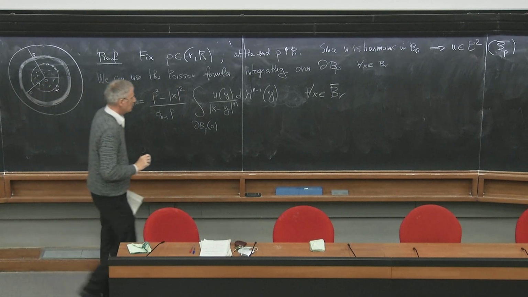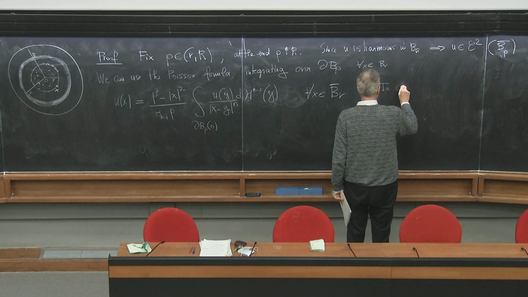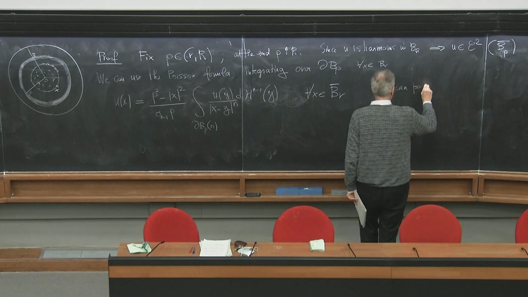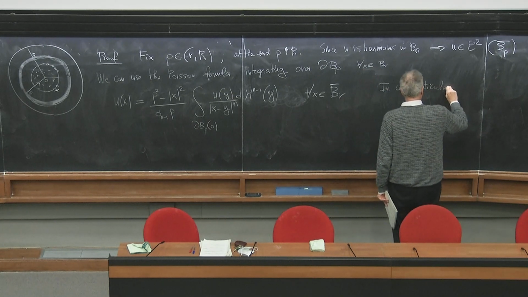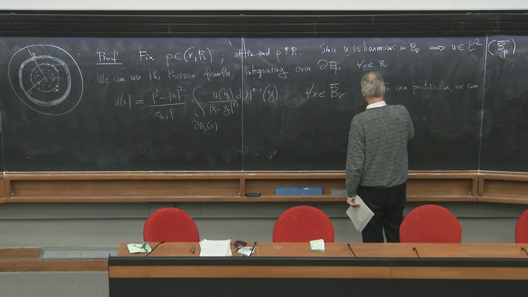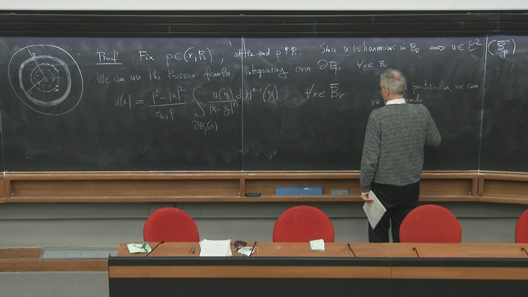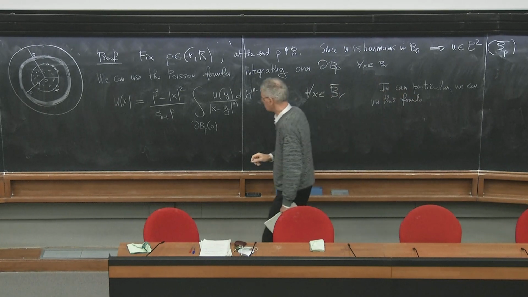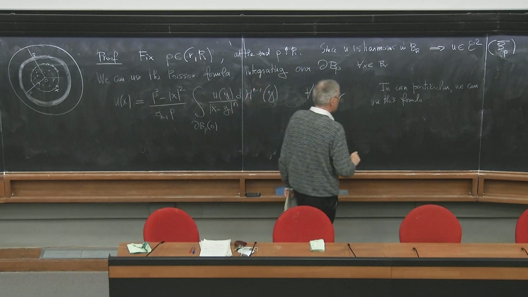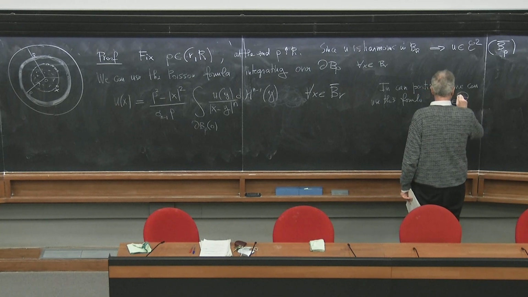In particular, we can employ the Poisson formula for any x on the boundary of the smaller ball.